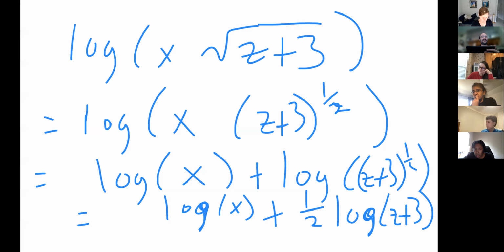If we have addition inside the log, just keep it as addition inside the log. There's something pretty similar in your homework, so I was making sure we get something similar to that. Questions about this one? I know I just threw it at you, and it's not in the book.